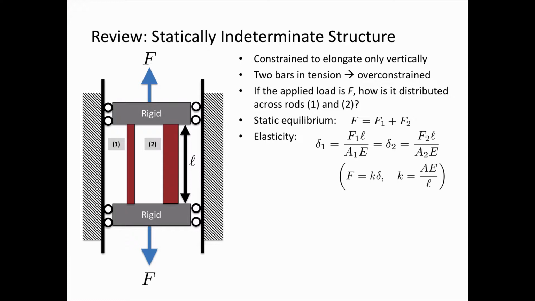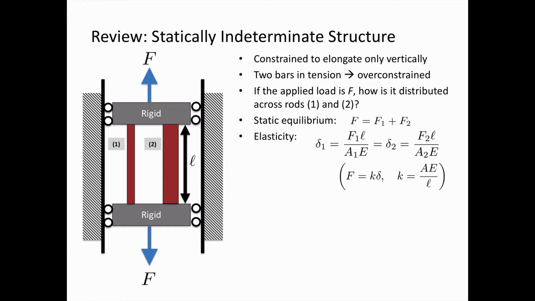elasticity. So if delta 1 is the elongation of rod 1 and delta 2 is the elongation of rod 2, we can observe that with the rigid bodies on top and bottom, the elongation of each of these rods is constrained to be equal. And so that's what this equation is doing. We're saying delta 1 is equal to delta 2.